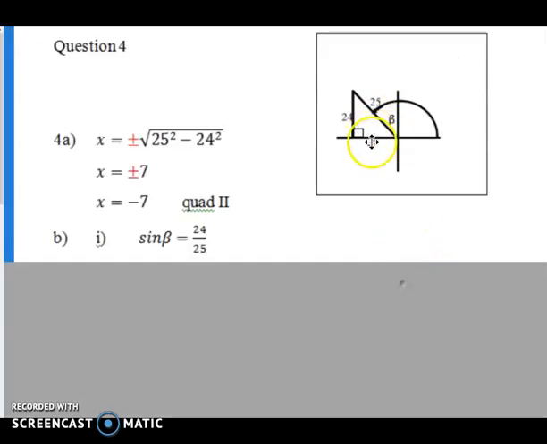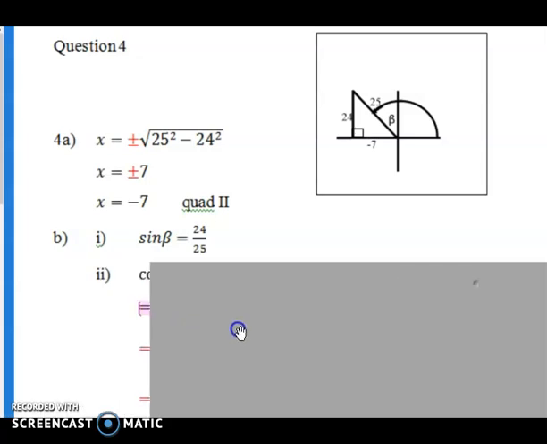I think that one is quite easy to understand, that I speak of this angle as if it is this acute angle here, because through reduction I know it is the same angle. So the opposite side is 24 over the hypotenuse, which is 25.